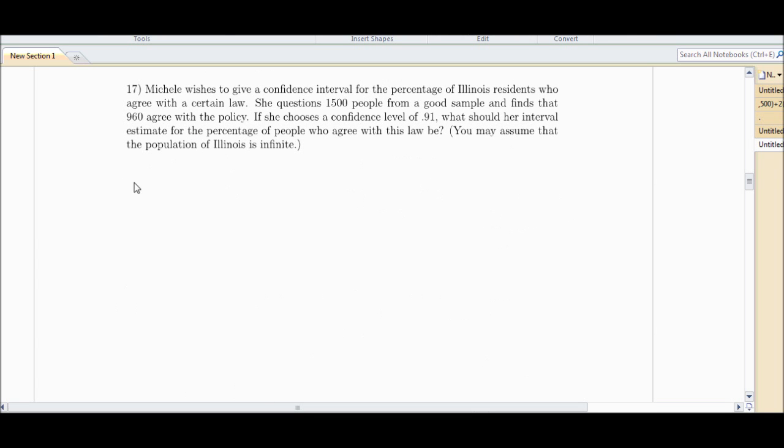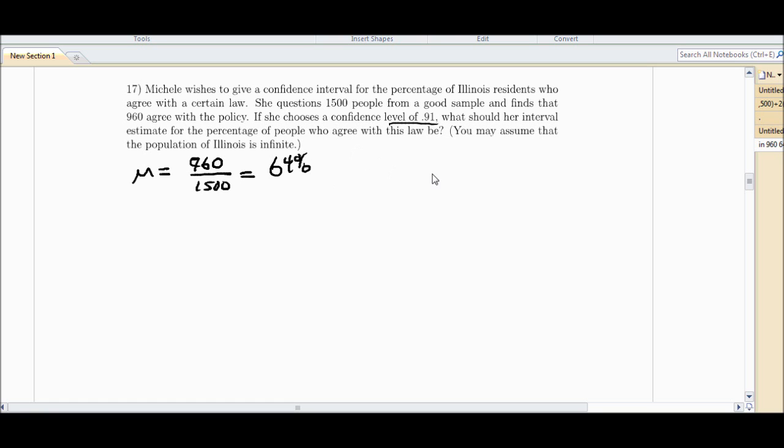So we need the mean, which is 960 over 1500, which is 64%. Okay, I'm actually going to do this in percents. And we know the confidence level, so we can find Z. What else do we know?